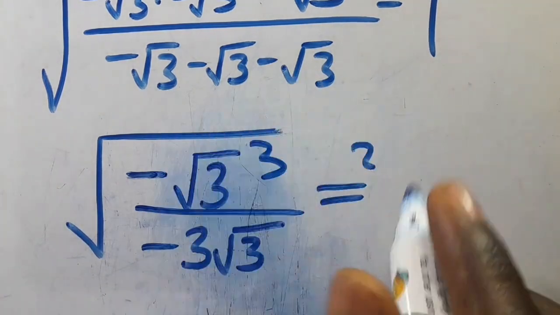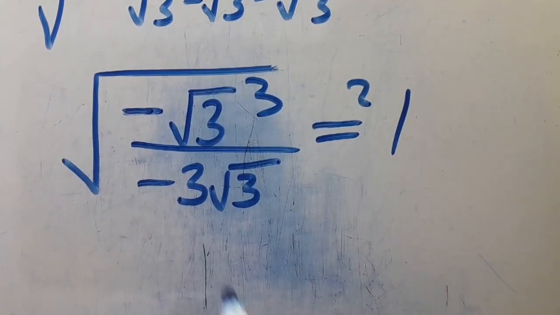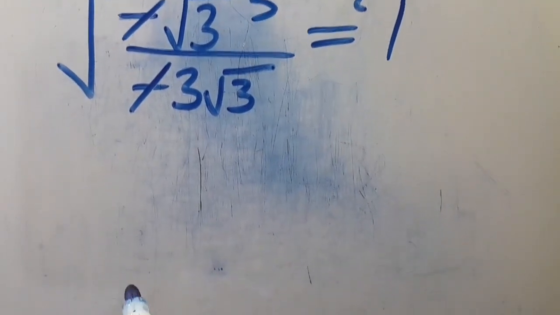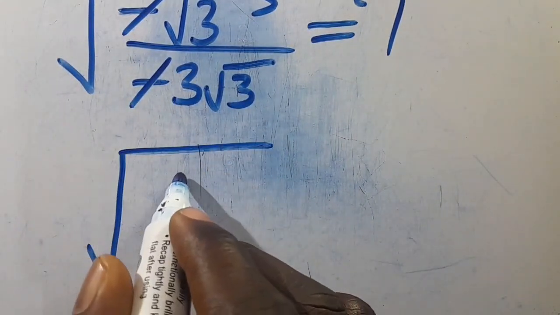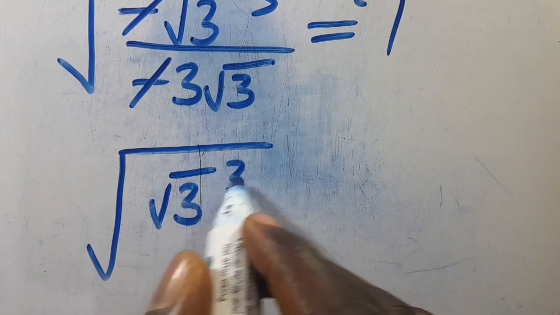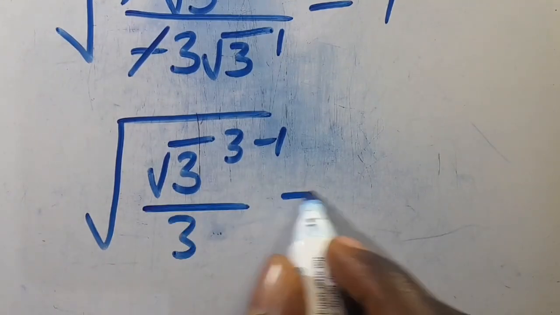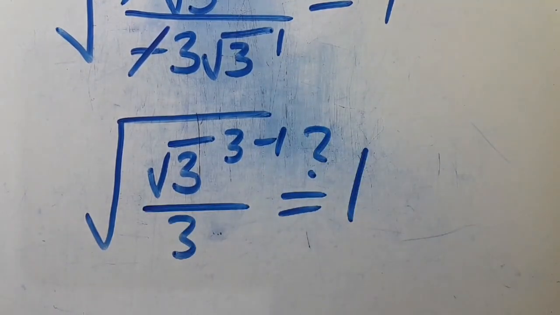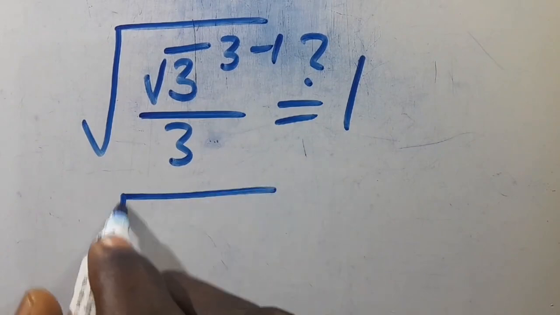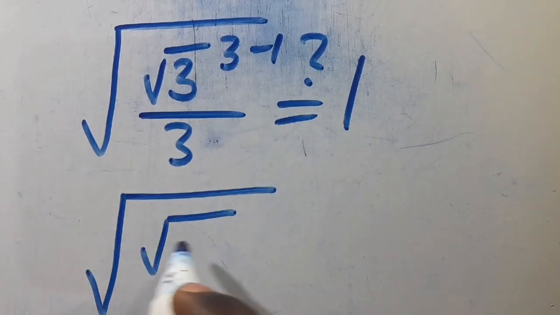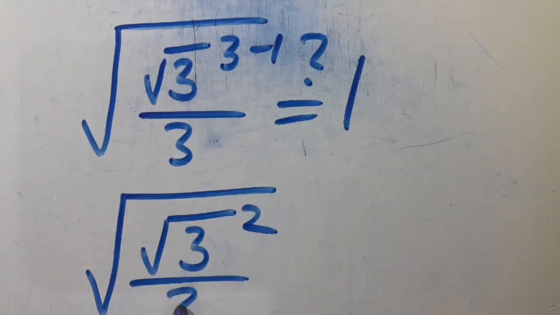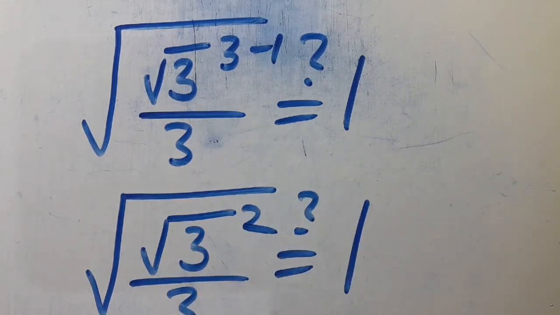We cancel the minus, so we have root of root 3 to the power of 3 minus 1 divided by 3, equals 1. So root of root 3 to the power of 2 divided by 3 gives us 1.